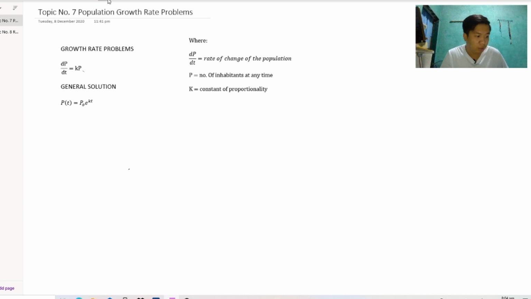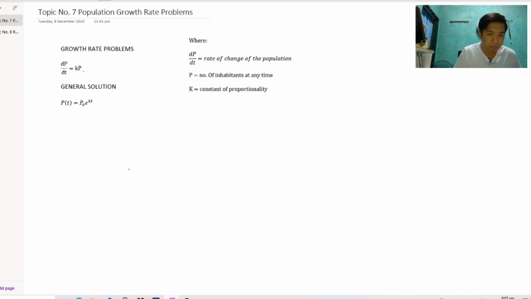They introduced 40 bacterial colonies into a growth medium, and exactly 2 hours later the number of colonies had grown to 200. Calculate the number of colonies that were present 5 hours after the experiment began.